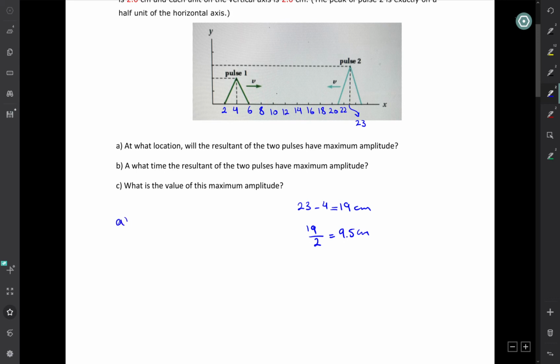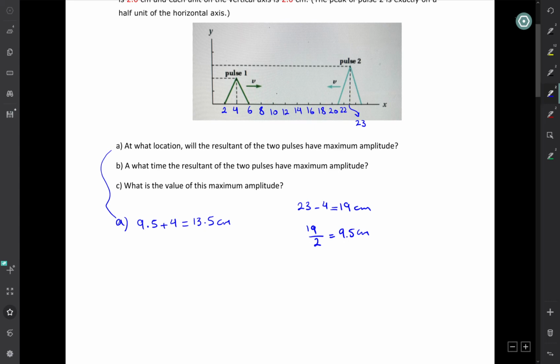Therefore, the solution to part A would be 9.5 plus, because pulse 1 has traveled 9.5 centimeters, I add 4 centimeters to it, and I get 13.5 centimeters. That would be the location of the max amplitude of the resultant wave.